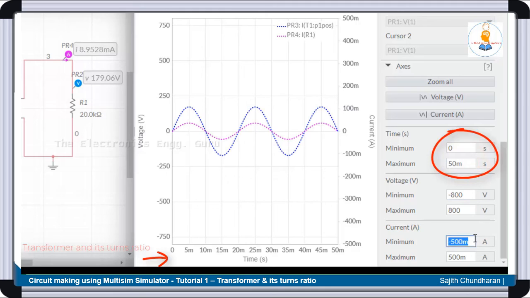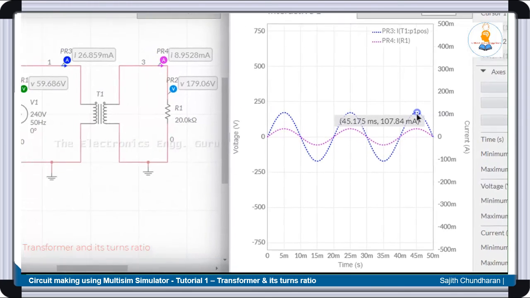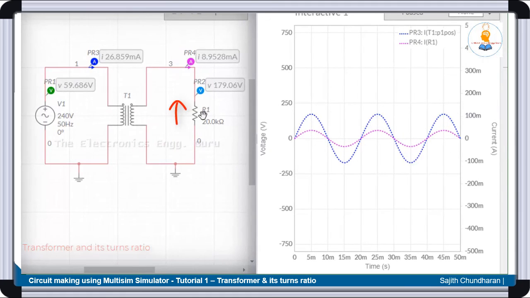Now you can see that compared to the previous wave, where 200 milliamps was the maximum current, the maximum current has halved, now it is 100 milliamps. So with the increase in resistance, the current flowing comes down.